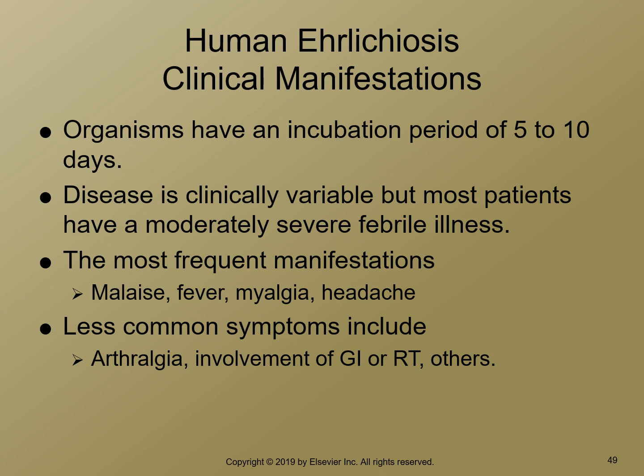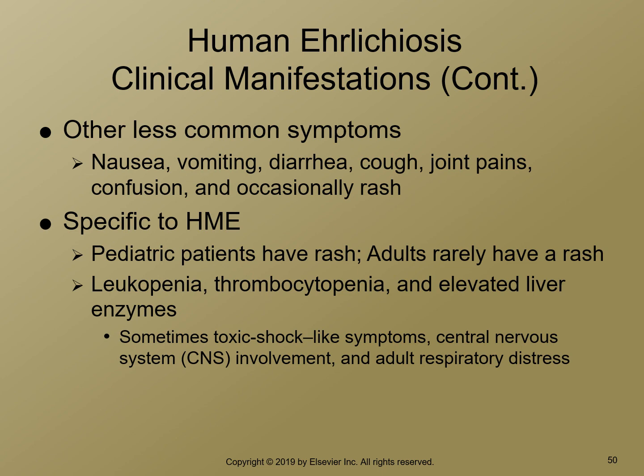Rash can also be observed in a small percentage of patients. Some of the least common symptoms associated with human ehrlichiosis include nausea, vomiting, diarrhea, cough, joint pains, confusion, and rash.